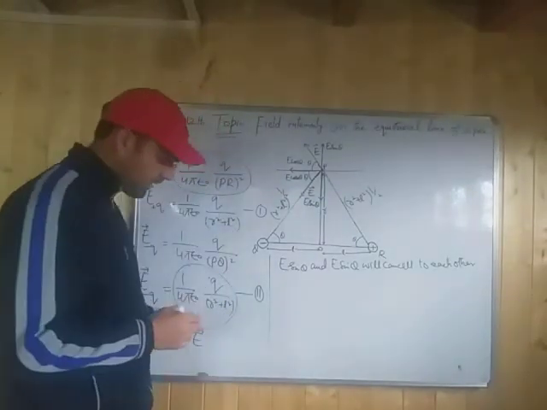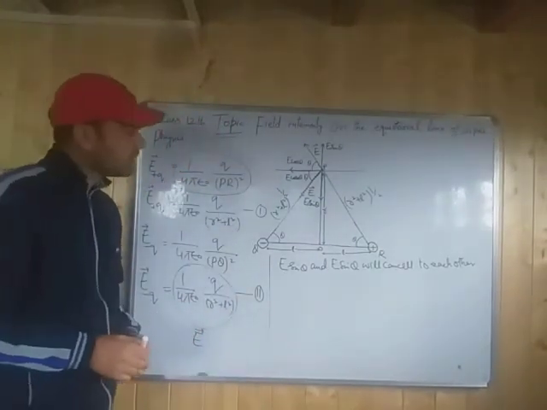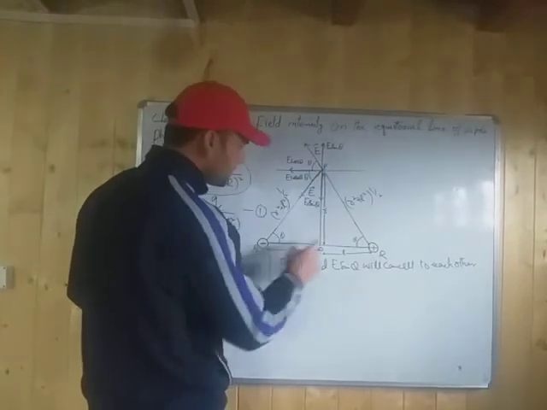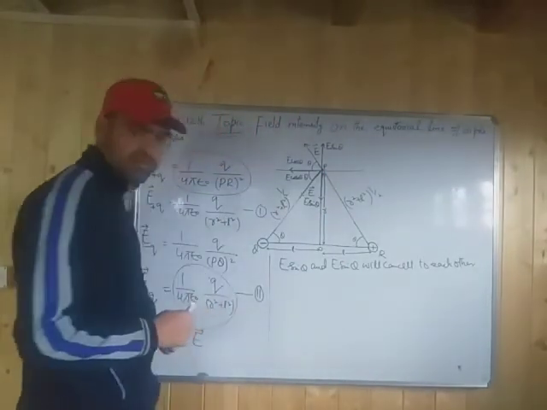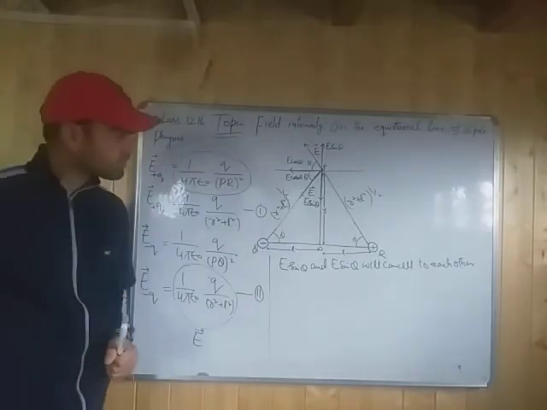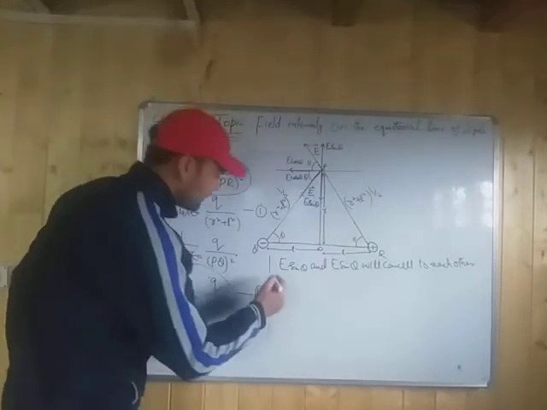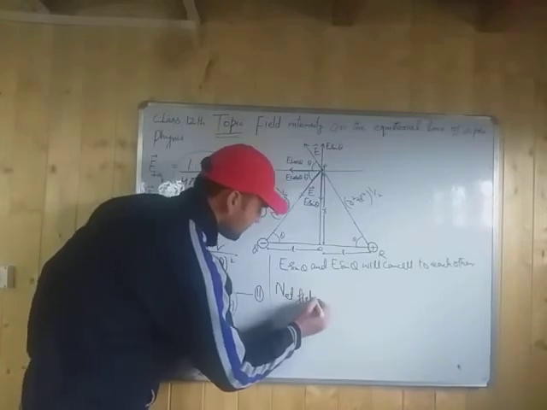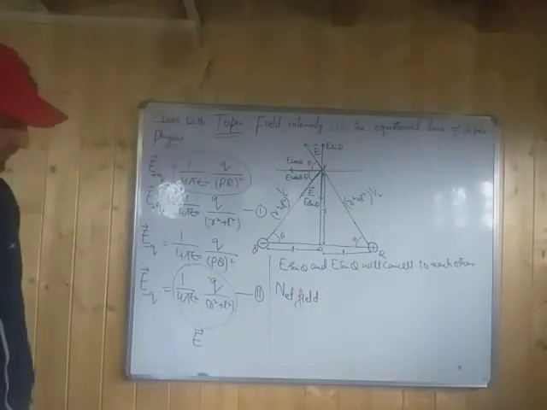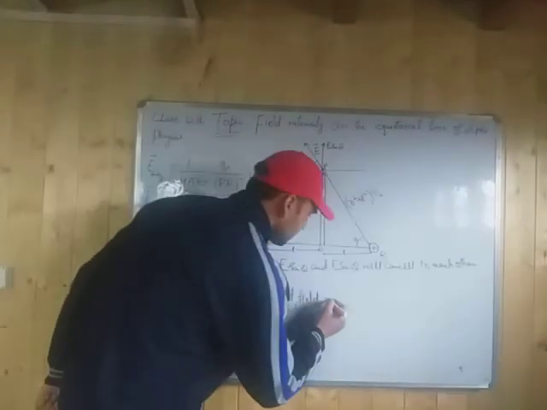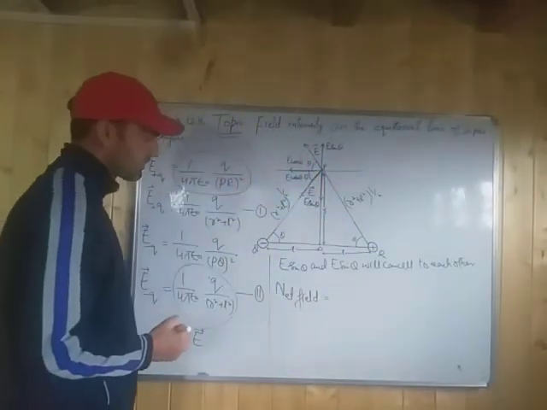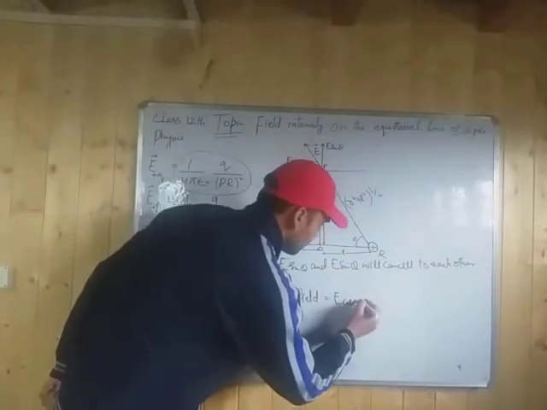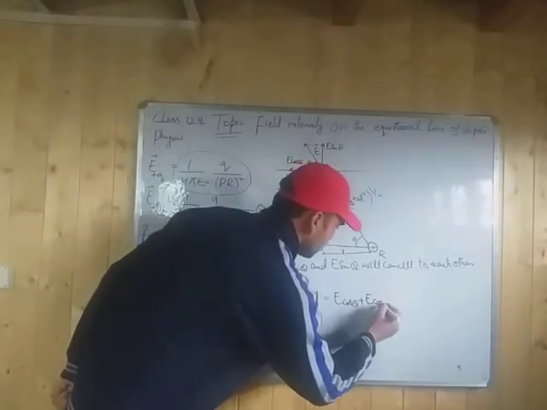Then the net resultant field at point P due to the negative charge as well as the positive charge will be equal to E cos of theta plus E cos of theta.